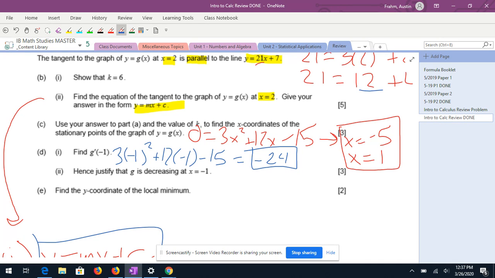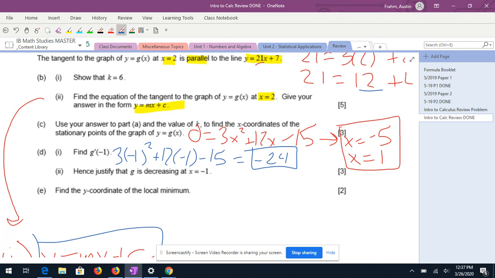Part 2 of letter D says, hence justify that g is decreasing at x equals -1. All right, thinking back to Unit 6, we talked about graphs, and if the derivative is a negative value at a particular point, that means that on the regular graph, the graph is decreasing.